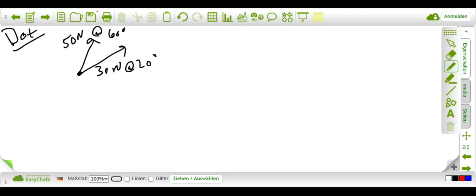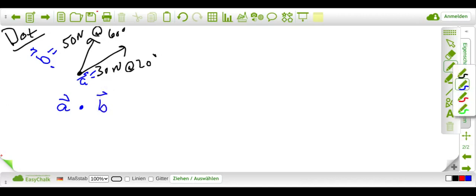If you're a hybrid, you have some in each of the types, you're going to have to put all of your numbers into either polar or Cartesian. But here's how you do it with polar. With the polar coordinates, we'll call this vector A, and we'll call this vector B. And so we're going to take vector A dot vector B, and we're going to do this in polar coordinates.